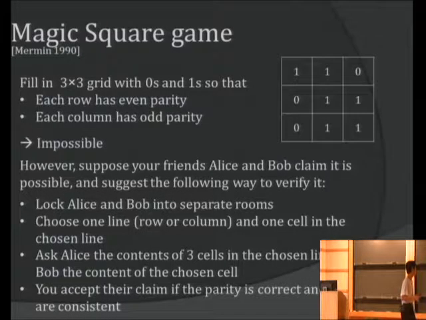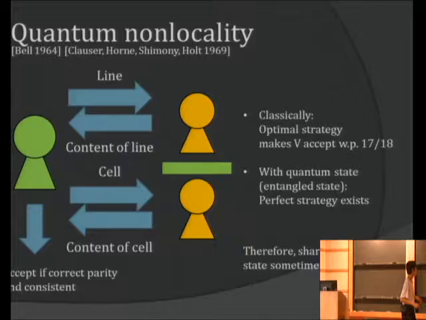So this can be formulated in this way. So you are a verifier, and Alice and Bob are provers. And if they don't share anything, or share a random variable alone, it's easy to see they can't satisfy all the constraints.